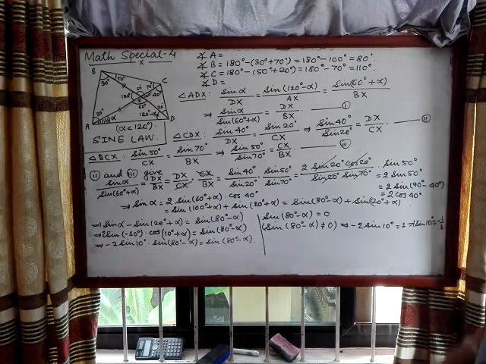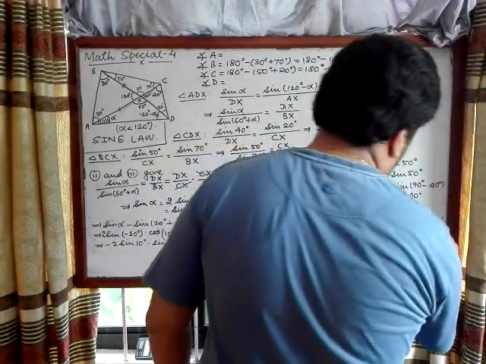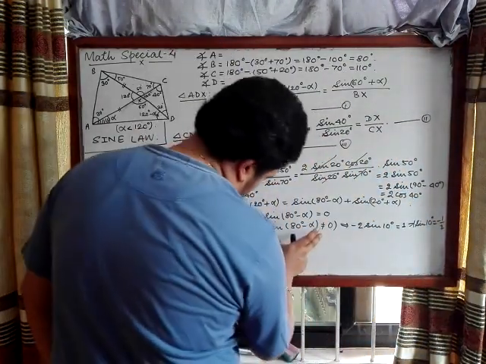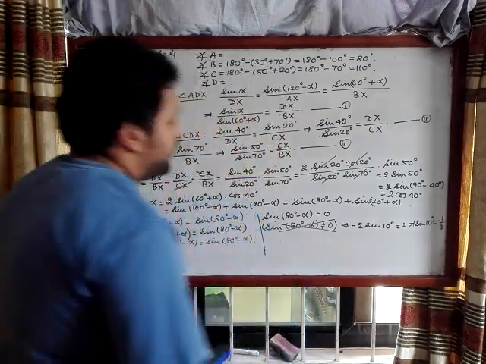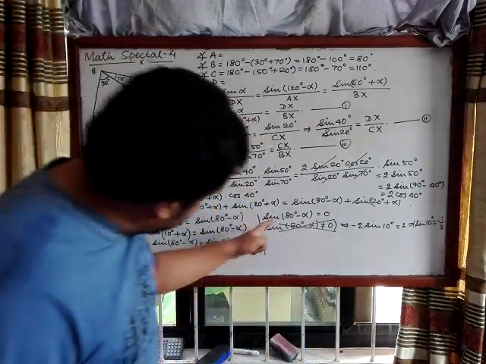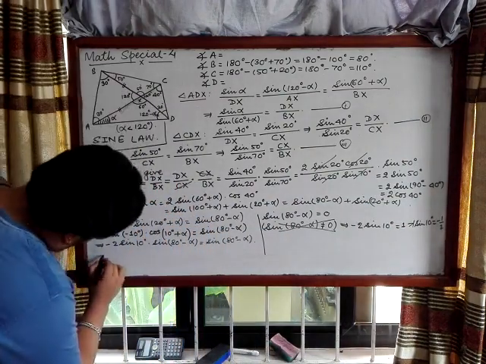But sin 10 degrees must be positive, so we get a wrong result here, assuming that this is true. So this is not true. Hence, what we need to understand is that sin(80 degrees minus alpha) is equal to 0.